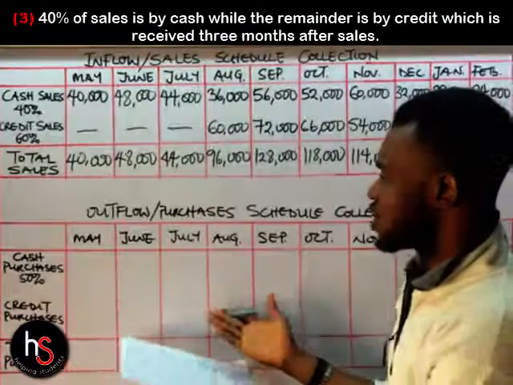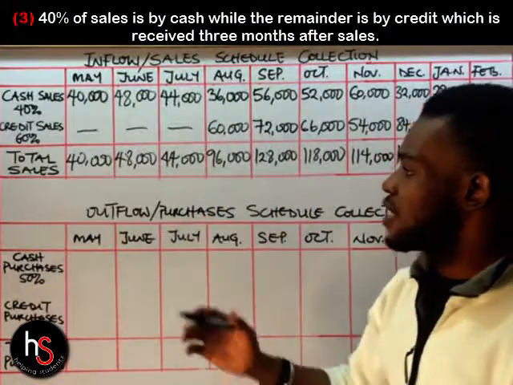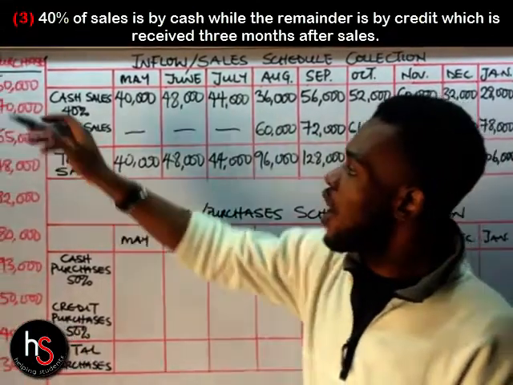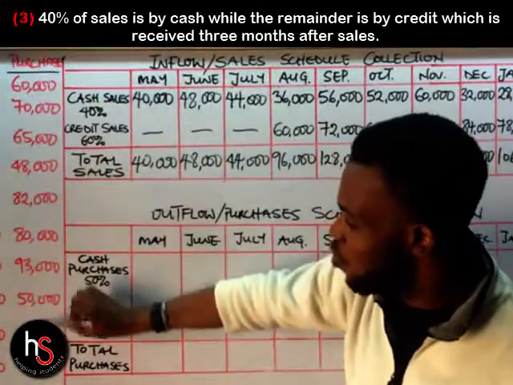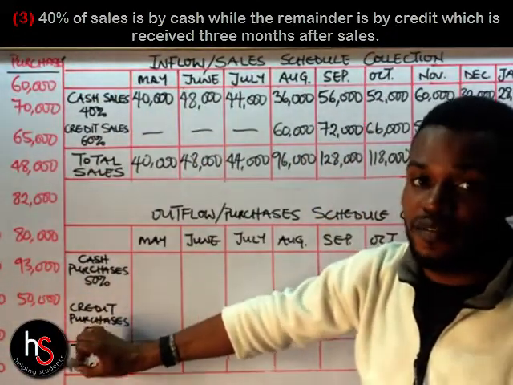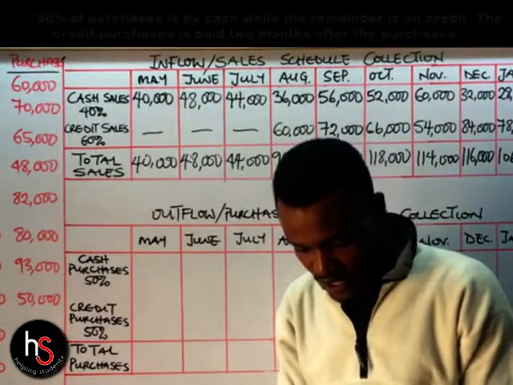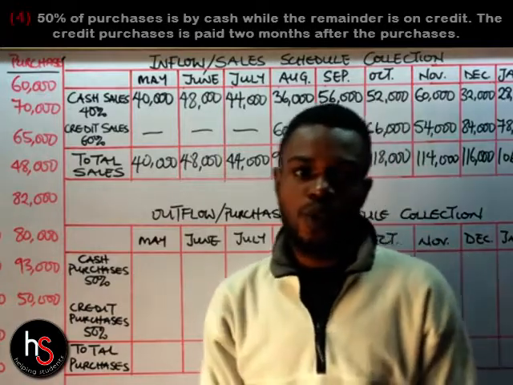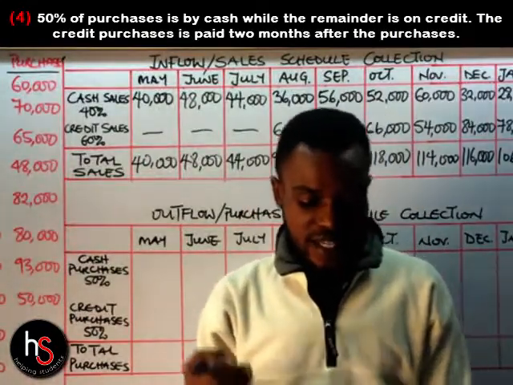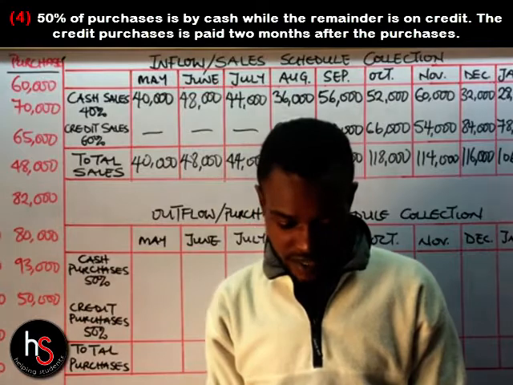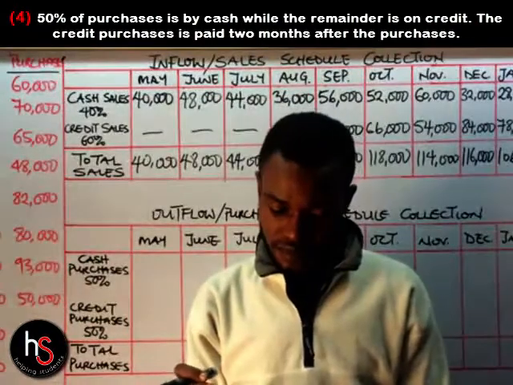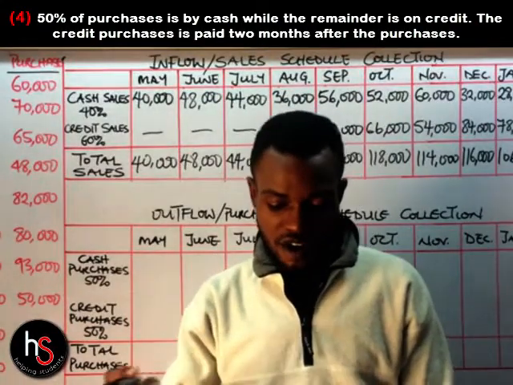Now let us go to the next one, which is the outflow purchases. Since we are dealing with the outflow, our transactions or our figures will be collected from this column. So let us proceed. That is question number 4. It says 50% of purchases is by cash, while the remainder is on credit.